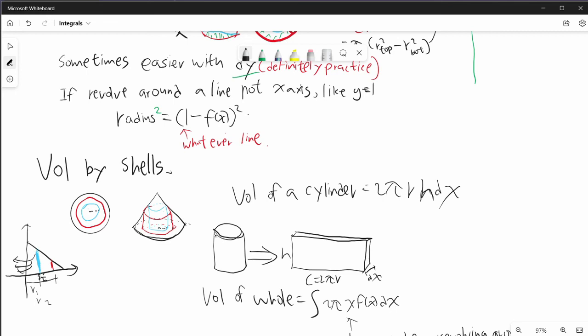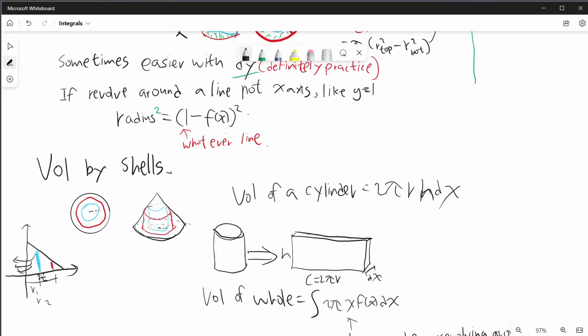So in this sense, we can take each one of these hollow cylinders, sort of like a can of Coke. When we drink all the Coke out, there's just a really thin wall of aluminum, and that is essentially calculating the volume of the aluminum wall.